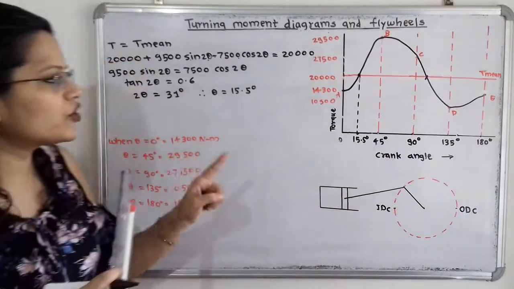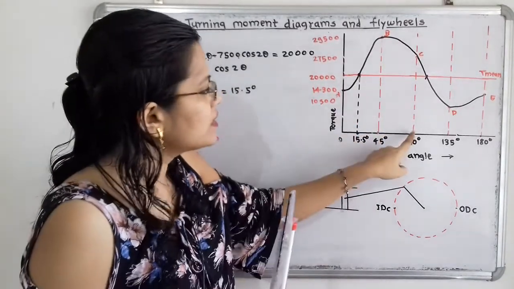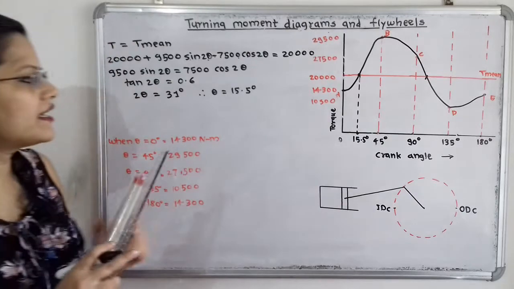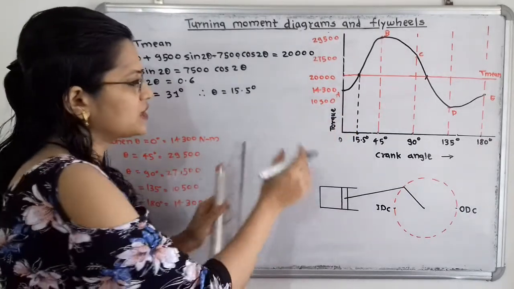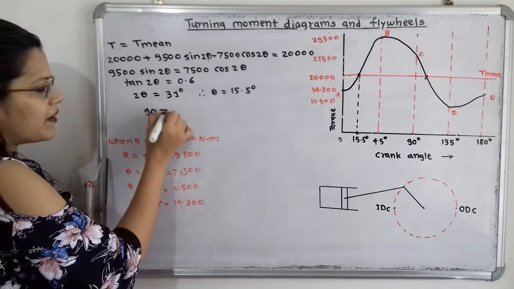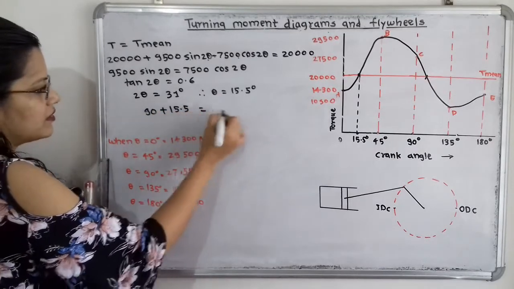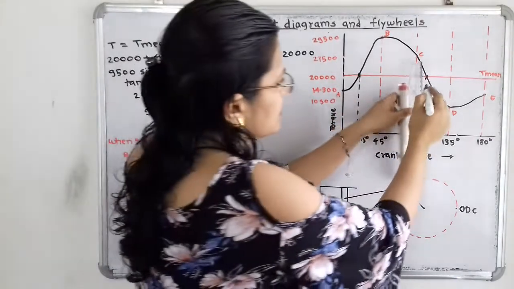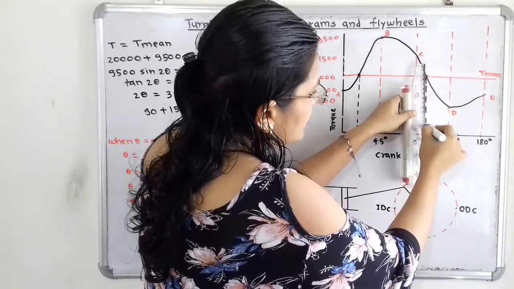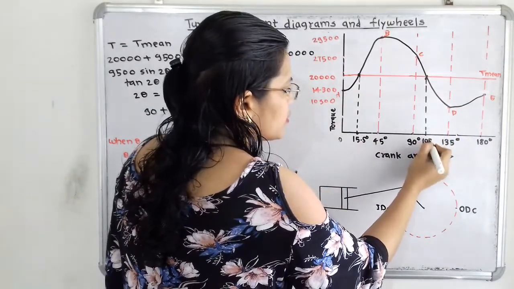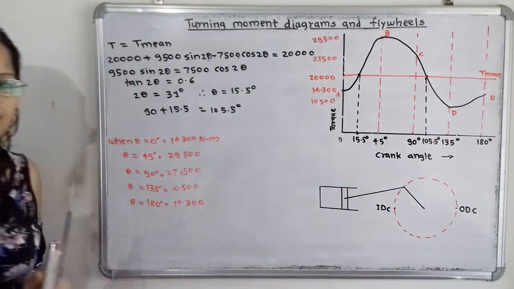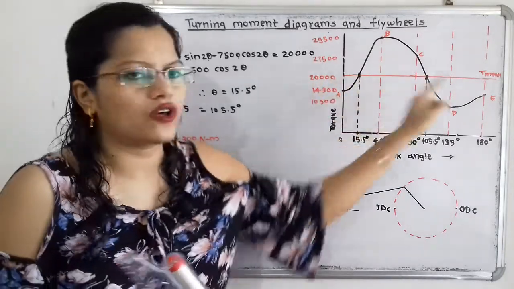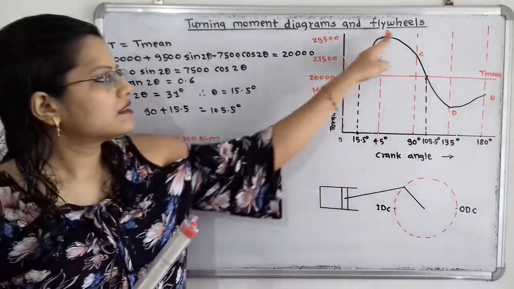Now in the same way, there is another point of intersection between 90 degrees and 135 degrees, that is 90 plus 15.5, that is 105.5 degrees. If I extend this point onto the crank angle, the value is 105.5 degrees. In this way we have to find the points of intersection on the mean torque line covered by this curve.